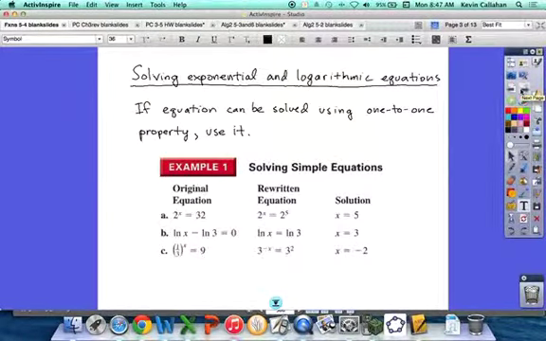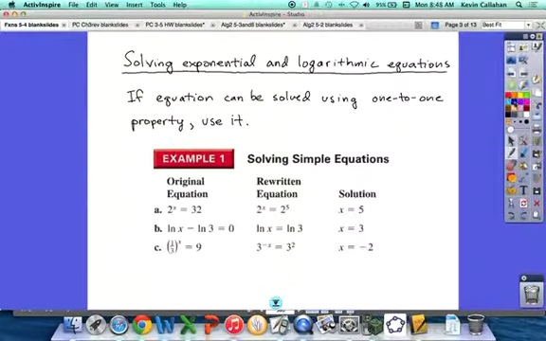So the first rule is, if it looks like it could be solved with one-to-one, you should solve with one-to-one. And what we mean by one-to-one, for exponentials, is you can write 2 to the x equals 32 as 2 to the x equals 2 to the fifth, because 32 equals 2 to the fifth.